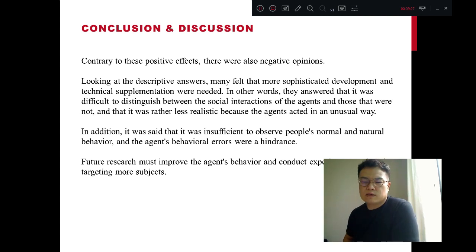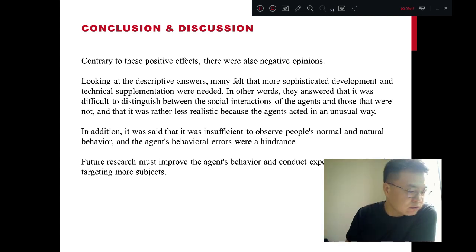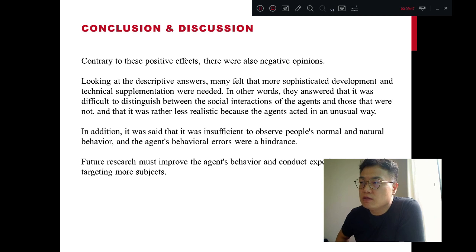And then it was said that it was insufficient to observe people's normal natural behavior and the agents' behavior errors.